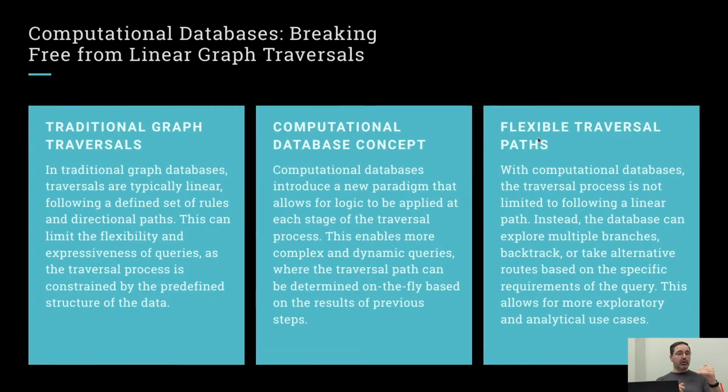If I want to traverse in a normal graph style, I can, but I can also decide to rewind or go up another path or branch in any way I desire. So I'm not linearly tied like a graph traversal is. I'm able to go any direction in any way I want. And that's where I think a lot of the power of this system comes into play for me.